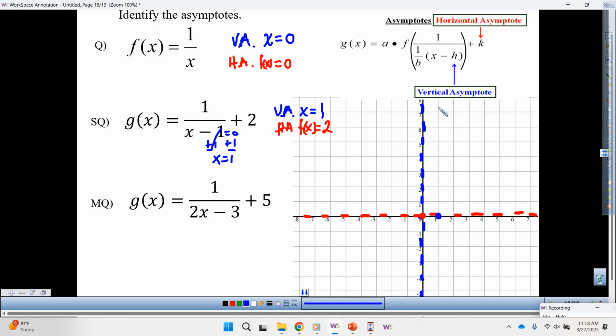Here it is. And my horizontal asymptote is at 2 of y. There it is.